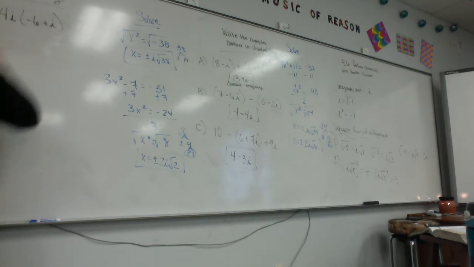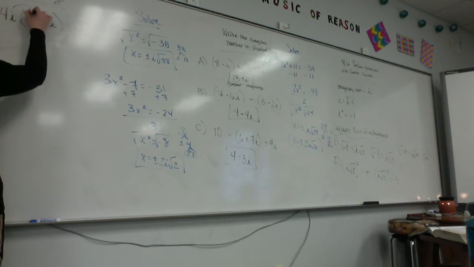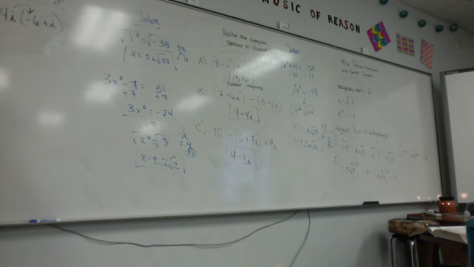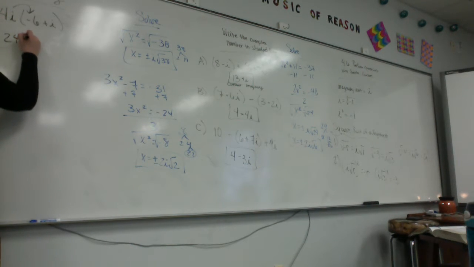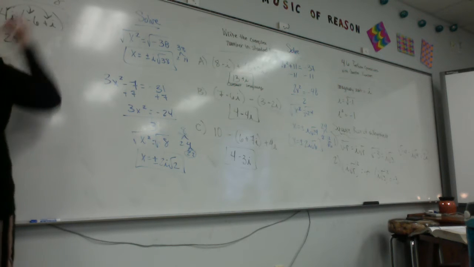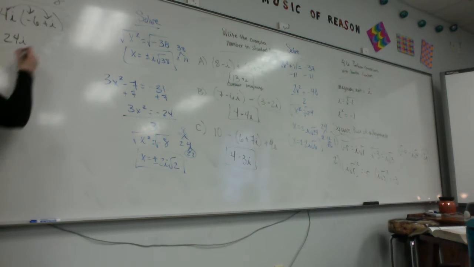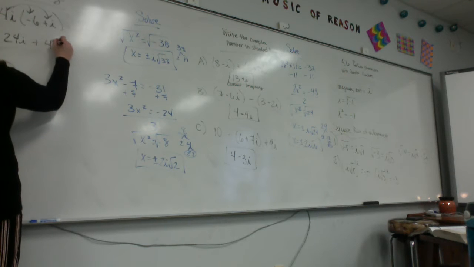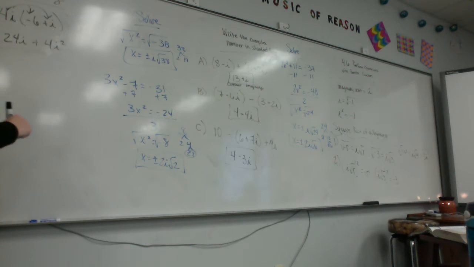Okay, how would I multiply this? What do you think we would do? Distribute. What is 4i times negative 6? Negative 24i. What is 4i times i? 4i squared. Now, what do I know about i squared?